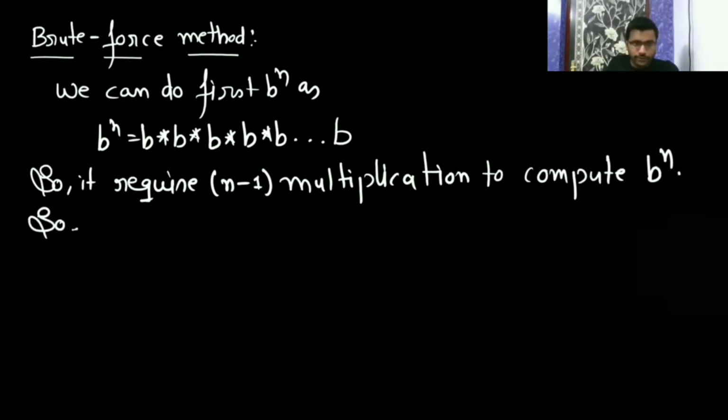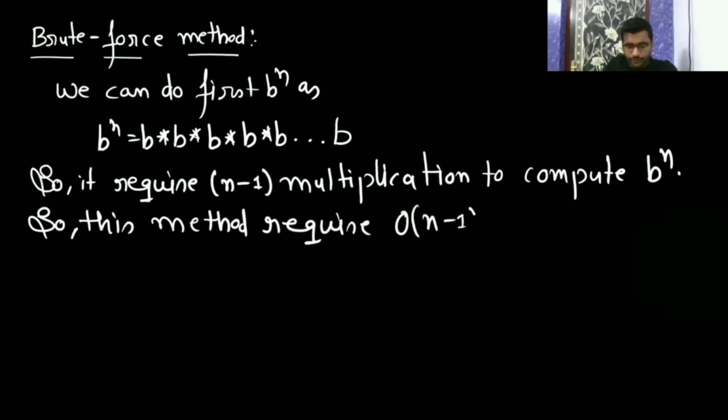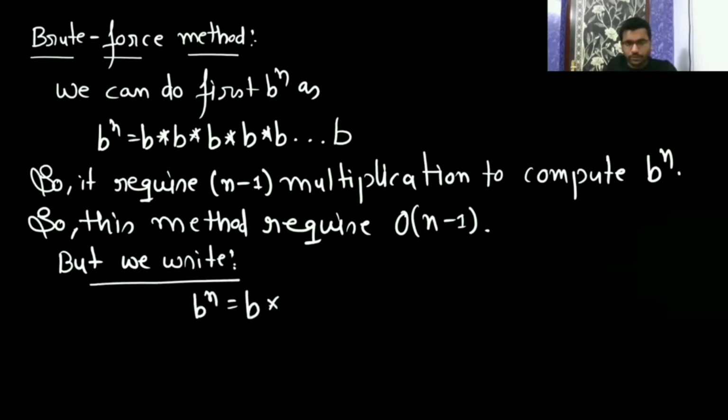So this method requires big O of n minus 1. But we can write b to the power n as b into b into b, like this.